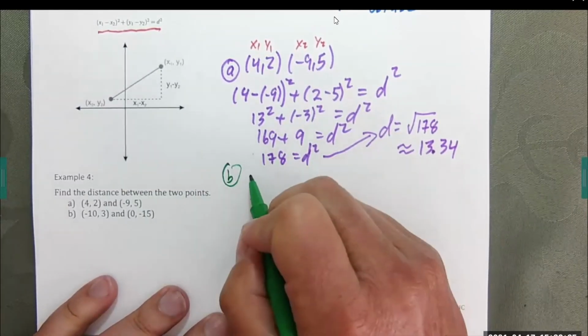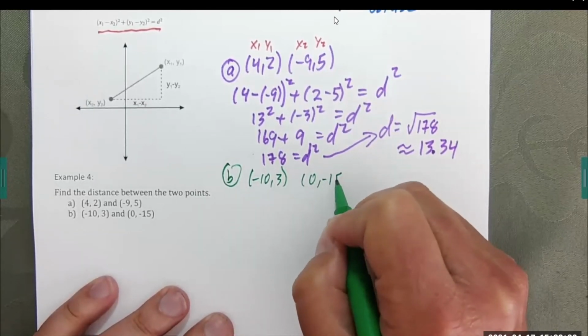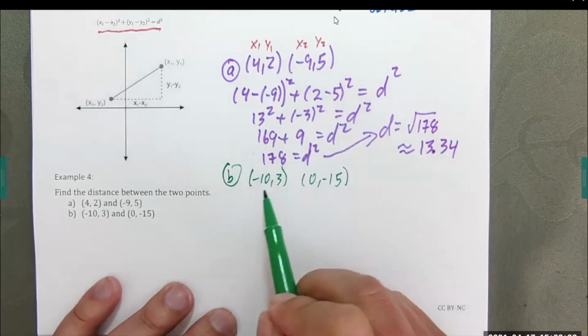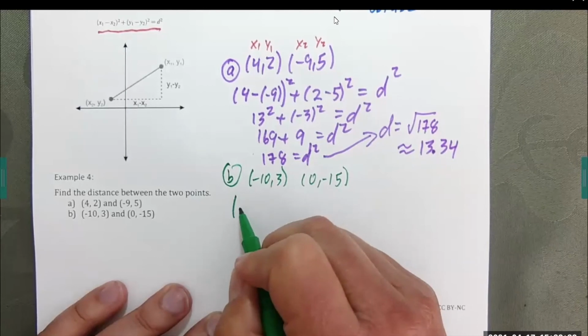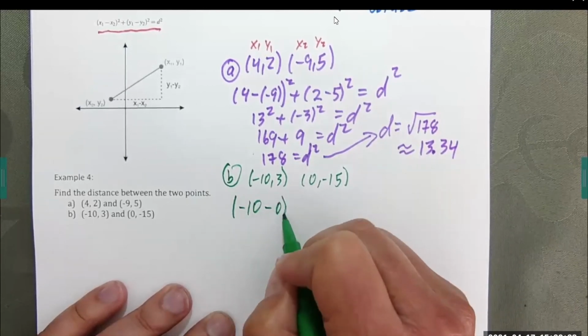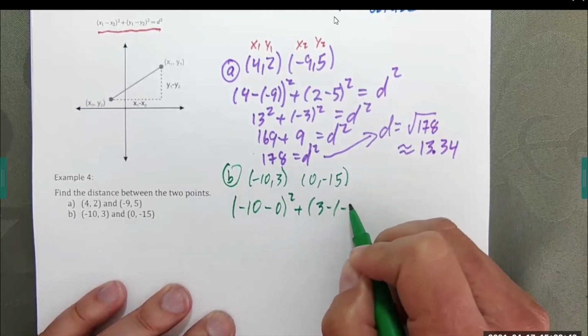Here we have the points (-10, 3) and (0, -15). Same thing. This will be my first point. This will be my second point. And we're going to go -10 minus 0 plus 3 minus, there's that double minus again.